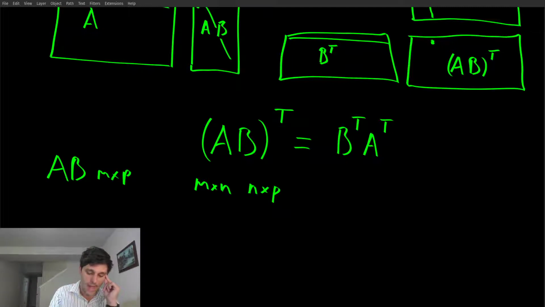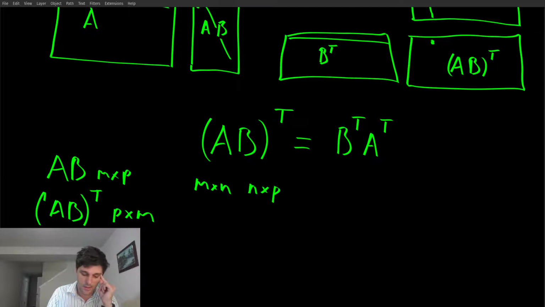And because transpose flips it, AB transpose needs to be P by M, right? So B transpose flips the B, so it's P by N. And then A transpose flips the A, so it's N by M. And it works.